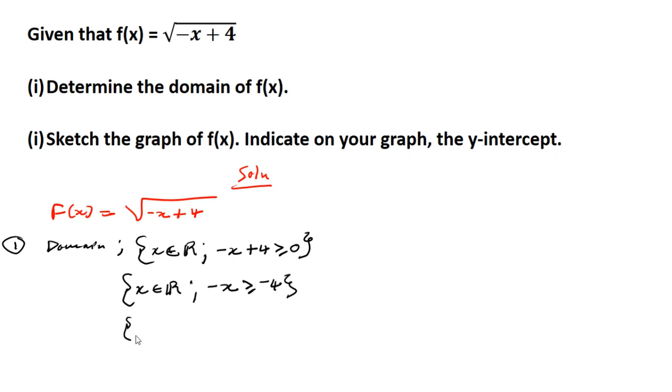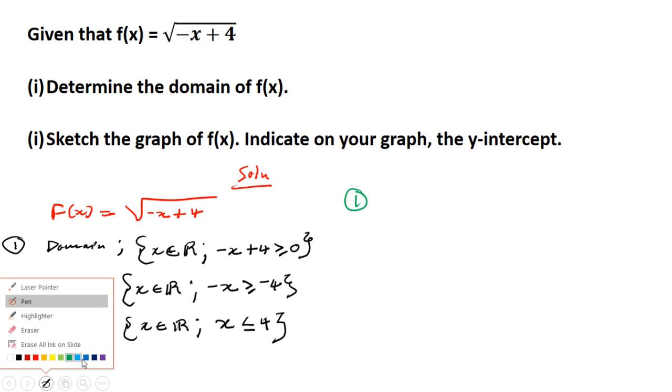Then when you multiply throughout by negative 1, the sign will change, and this will be x less than or equal to 4. So this is how your domain is. Then the next question is to sketch the graph indicating the y-intercept.